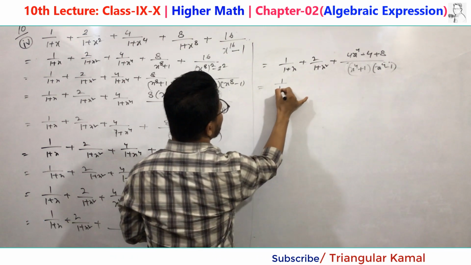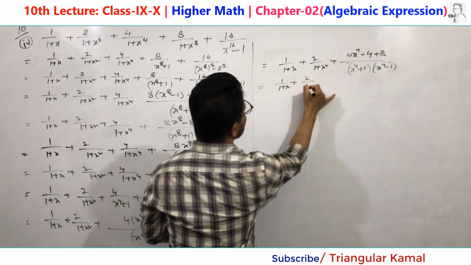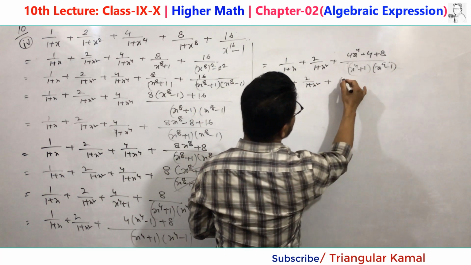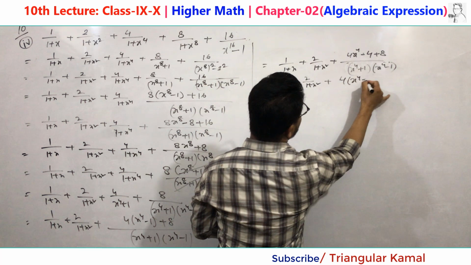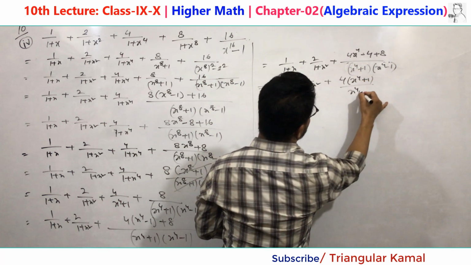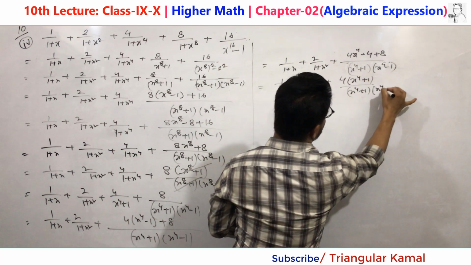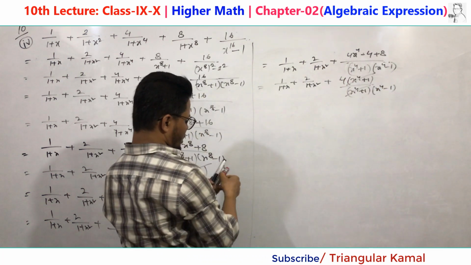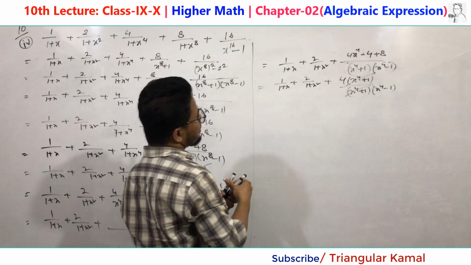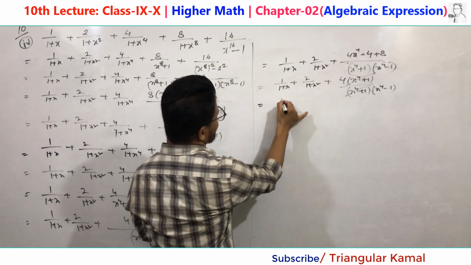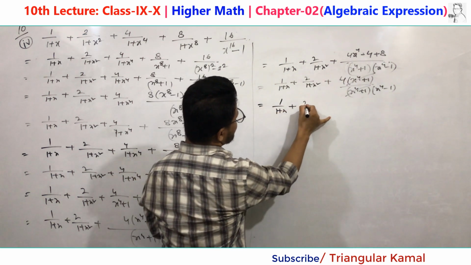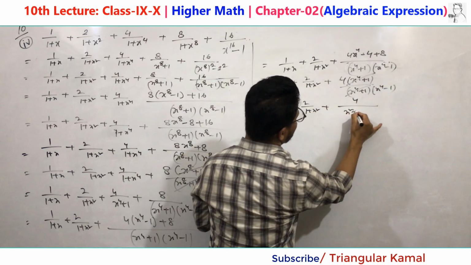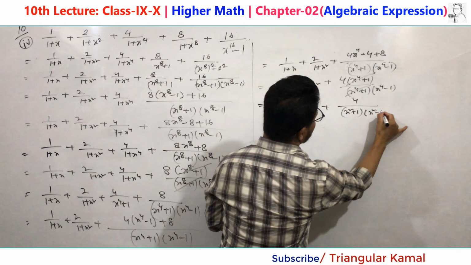So now do here 1 by 1 plus x plus 2 by 1 plus x square plus there will be 4, taking 4 common, x to the power 4 plus 1, divided by x to the power 4 plus 1 into x to the power 4 minus 1. Just eliminate the same factors, and now apply the formula here: 1 by 1 plus x plus 2 by 1 plus x square plus 4 by x square plus 1 into x square minus 1.